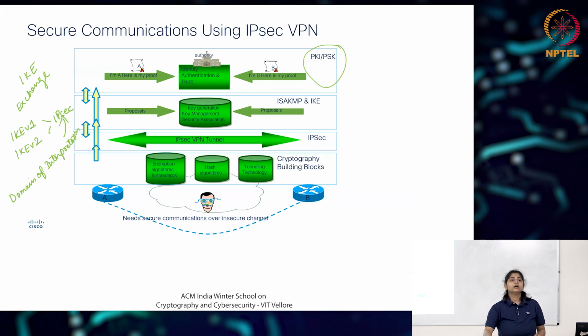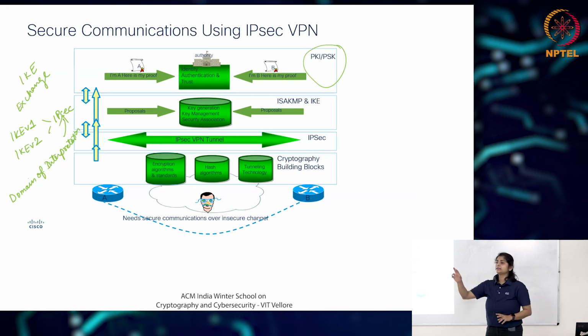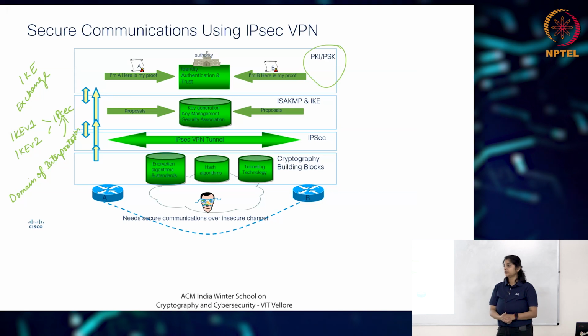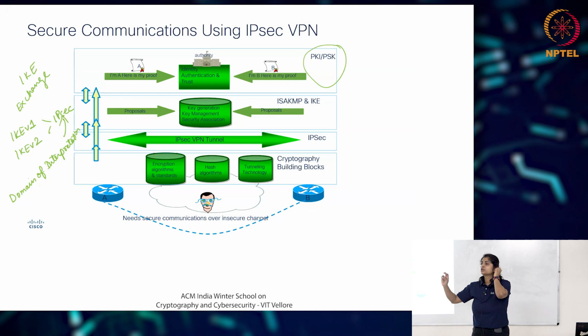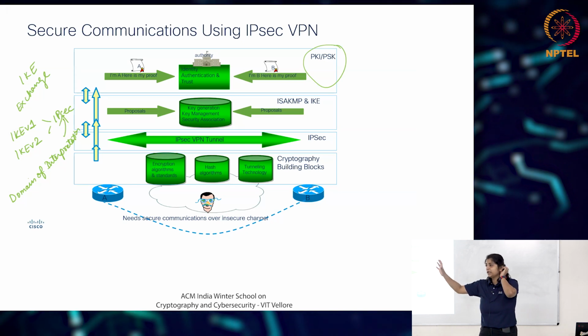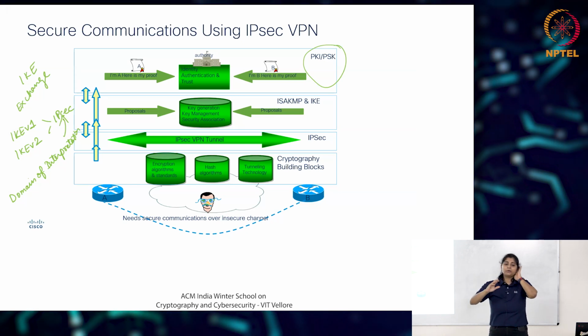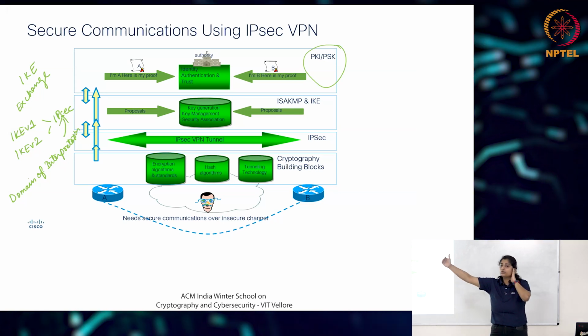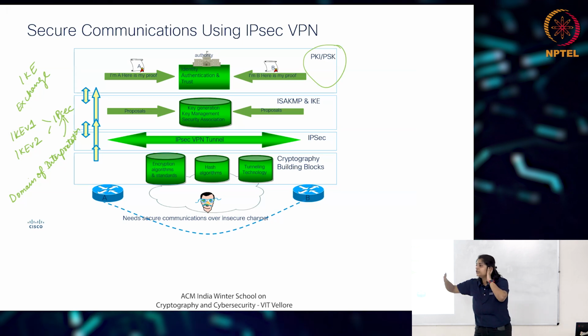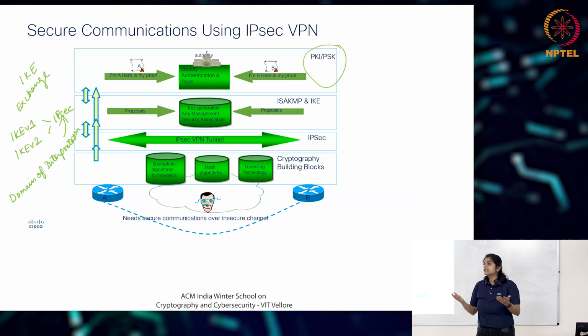Now, one thing is, before these routers can talk to each other, do they need something in their systems to make them use VPNs? Like, for example, VIT Amravati wants to talk to VIT Vellore. Do they need something to know about each other?